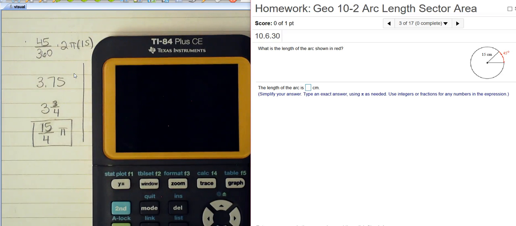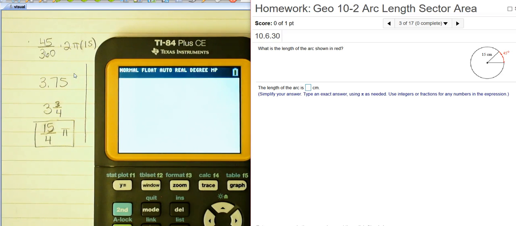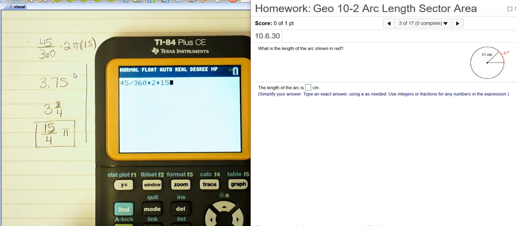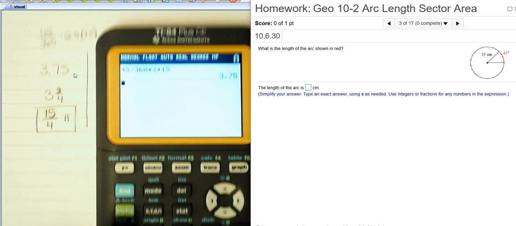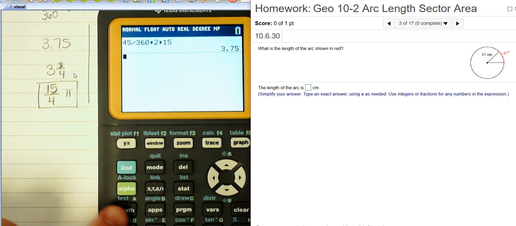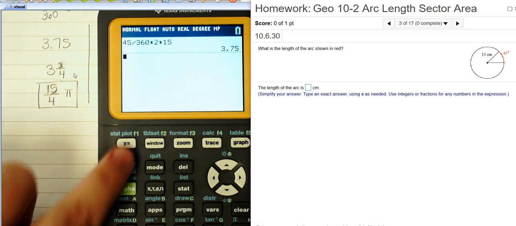Now, if you have a graphing calculator, I'm going to show you how to do this real quick. Do the 45 divided by 360 times 2 times 15. Now, the graphing calculator is a little bit faster because you just have to do one conversion, because it will not even give you a mixed number. There's a button that says Math. It's 4 buttons down on the far left.